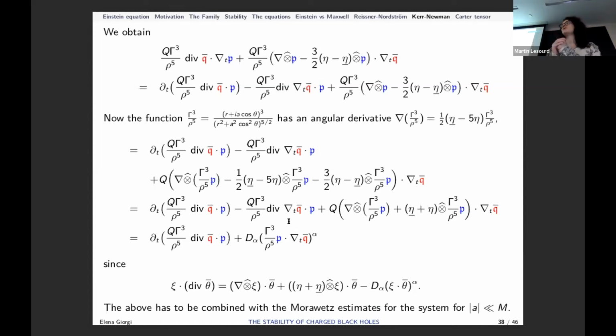Gets cancelled meaning it gives you a space-time derivative at the end of the day. So, at least for small angular momentum, you can still define a new energy obtained by these boundary terms, which is still positive definite.